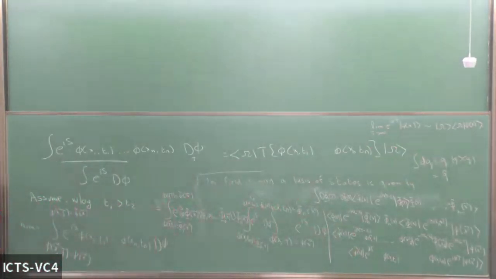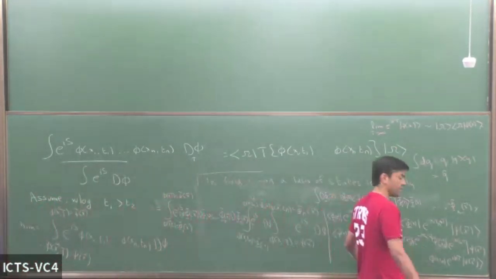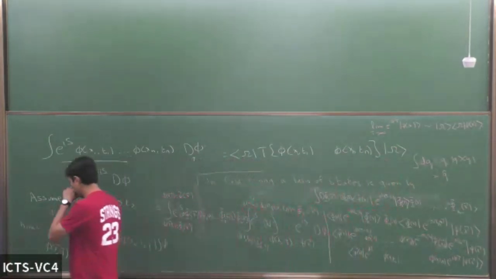So now you see that both in the numerator and the denominator, I get from here the vacuum, I get from here the vacuum, and I get in the middle these boundary conditions which are irrelevant.